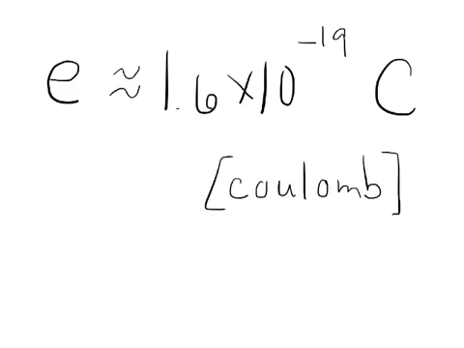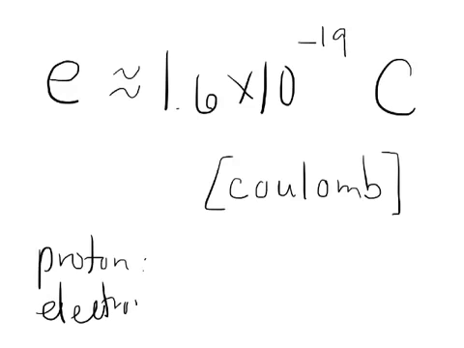Now, the value E is where protons and electrons actually get their charge. That's the quantity. A proton is simply positive E, and an electron is just negative E. So if you were asked what is the charge on a proton, it's this number here.